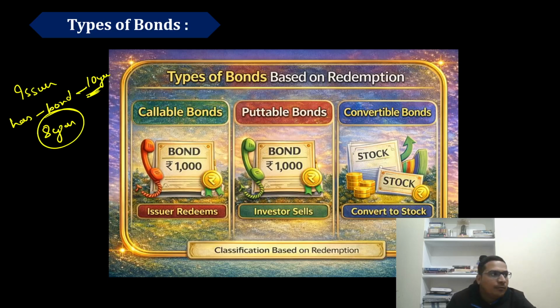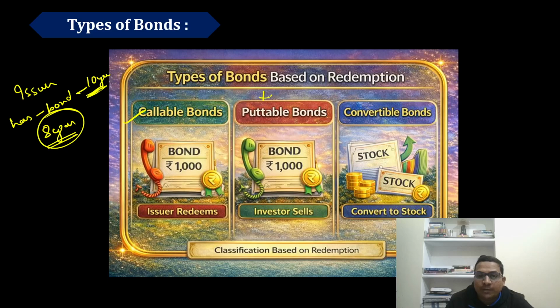In that case, they will call the bondholders to sell those bonds to them before 10 years, at 8 years, 6 years, 7 years, whatever time suits them. So whenever a bond is bought back before the maturity period by the issuer, it is called a callable bond.